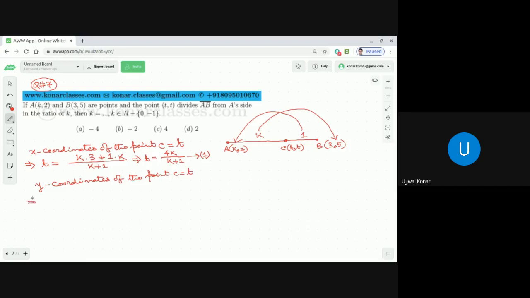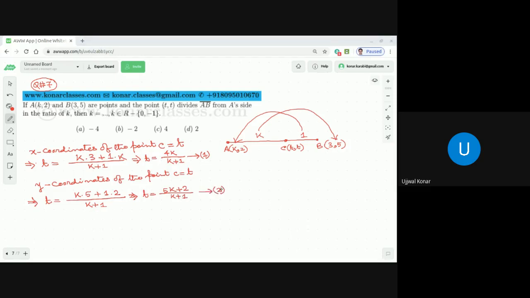So from here what you can say is that t is equal to k into the y coordinate of the point B, that is 5, plus 1 into the y coordinate of the point A, that is 2, divided by k plus 1. This implies t is equal to (5k plus 2) divided by (k plus 1). This we get as equation number 2.